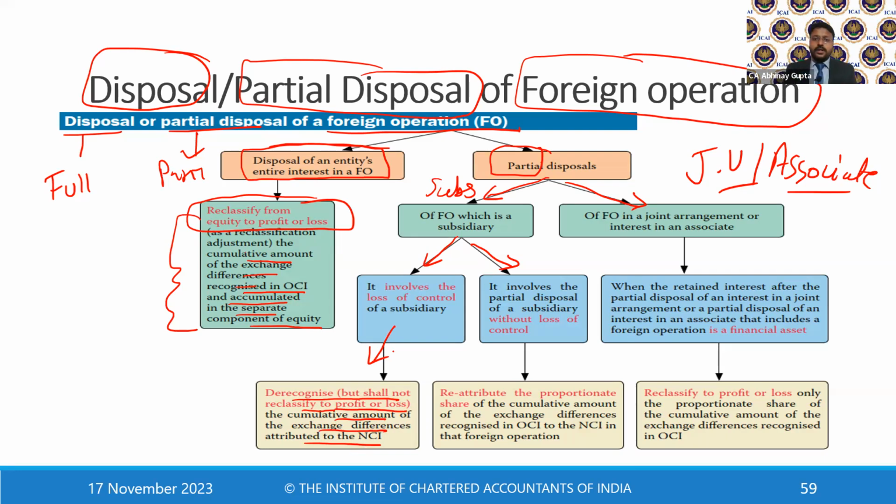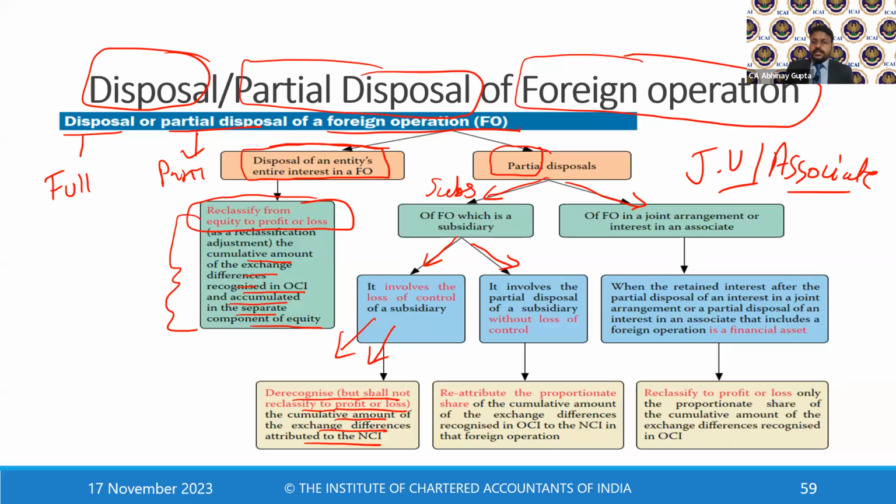So in this case, what will happen? We will de-recognize the subsidiary from our books because we have disposed of and we have lost the control. It will be now only an investment, but we are losing the control over the subsidiary. So going forward, we will not be consolidating it.